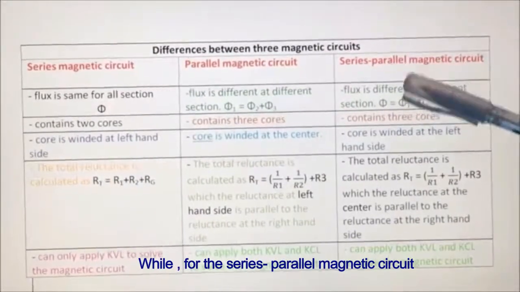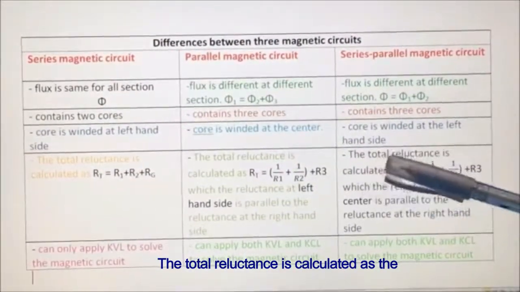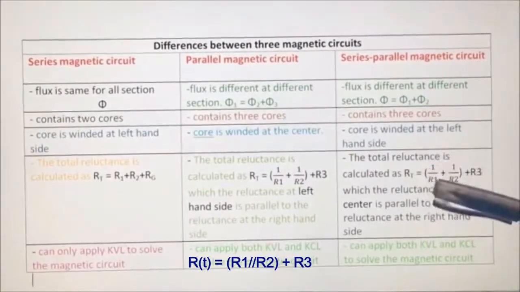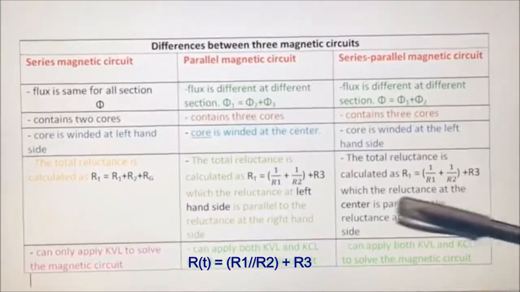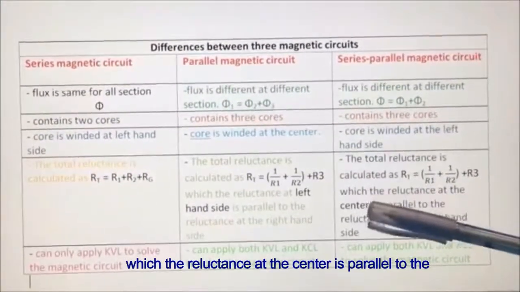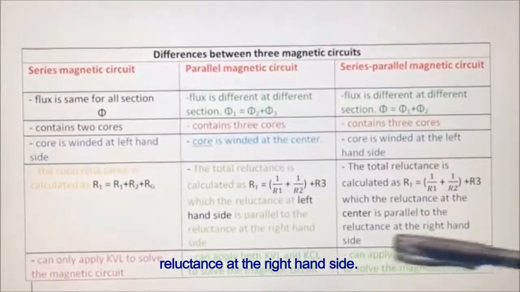While for the series parallel magnetic circuit, the total reluctance is calculated as Rt equals 1 over R1 plus 1 over R2 plus R3, where the reluctance at the center is parallel to the reluctance at the right-hand side.